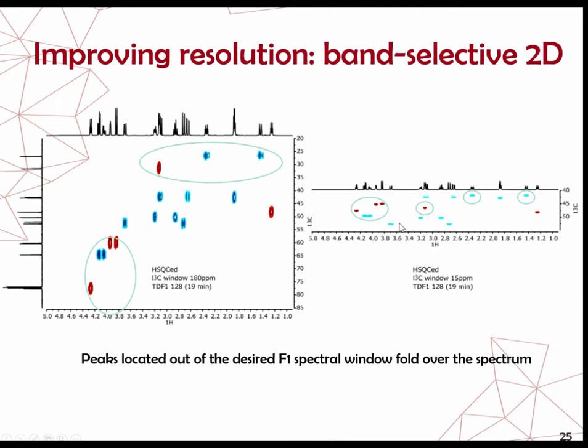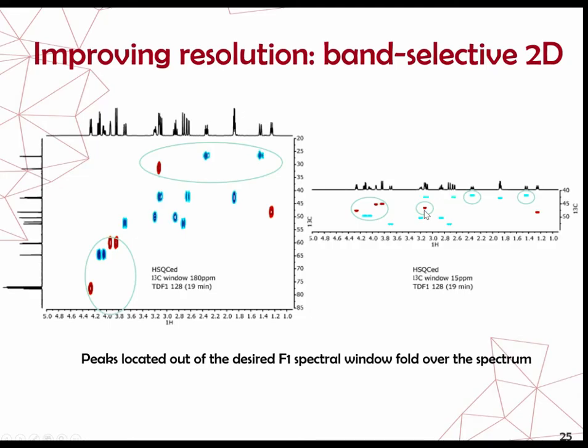My peaks are really precise in the carbon dimension, but I get some folded peaks for the peaks that would be outside of my window. For example, these three ones, 1, 2, 3, will be there, 1, 2, 3. So it's not their real chemical shifts because they are folded over the spectrum.